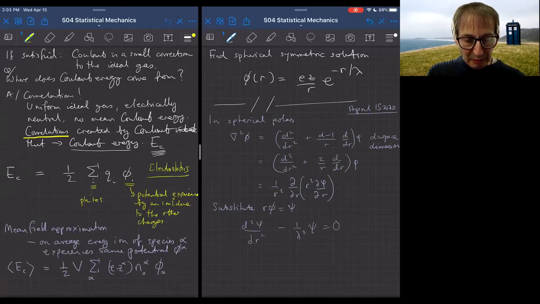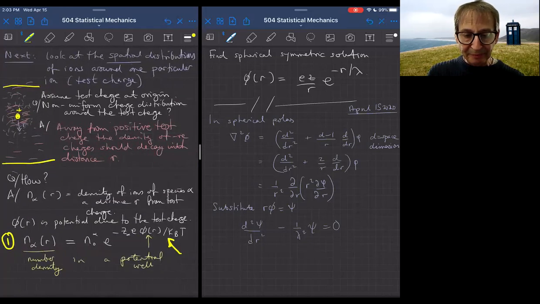Then we made a mean field approximation. We worked out the exact electrostatic energy. We made a mean field approximation that all the ions of species alpha experience the same potential, and so that gave us an average value for the Coulomb energy, or if you like, the correlation energy.